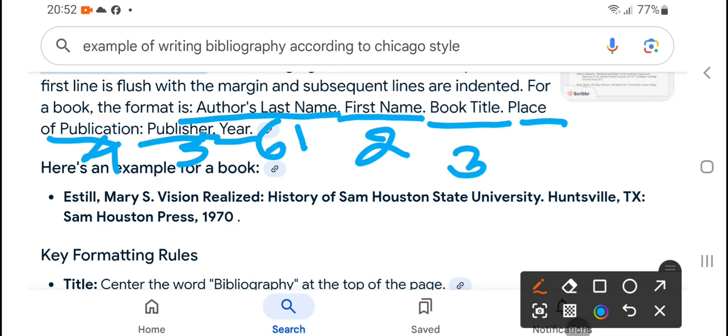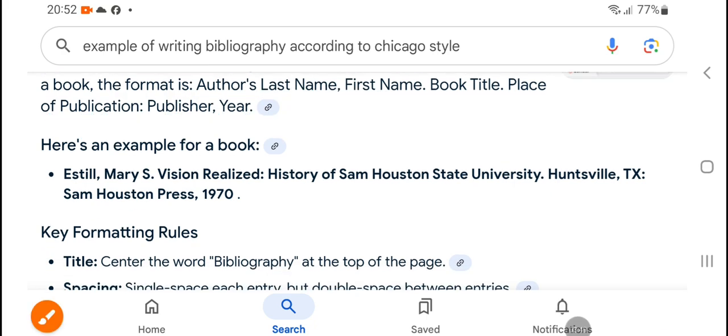Please take care, this order we have to follow when we write the details in a bibliography.